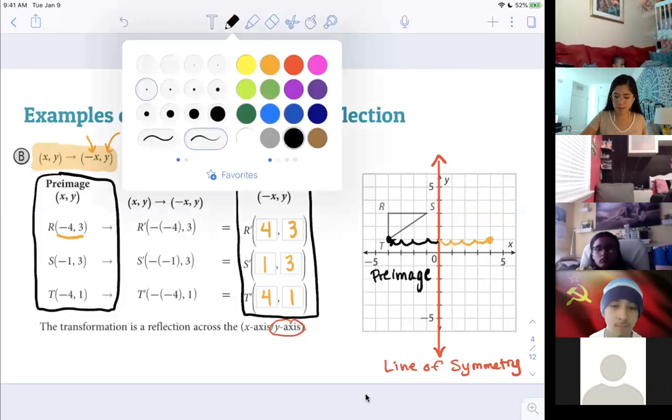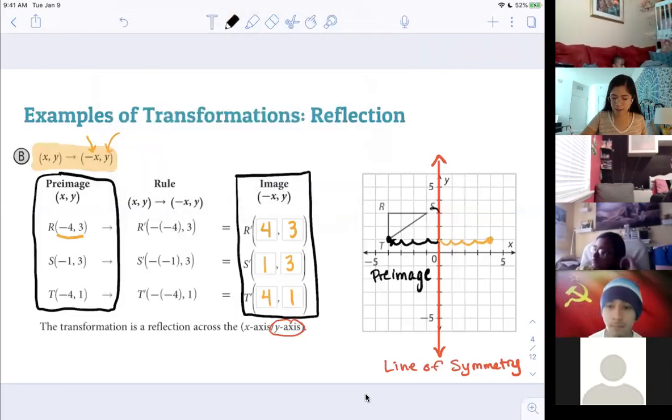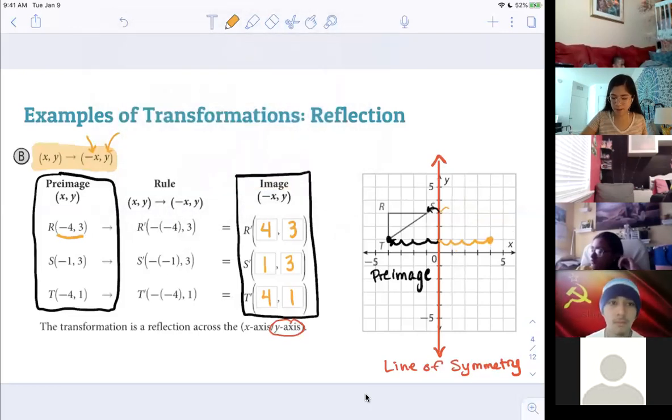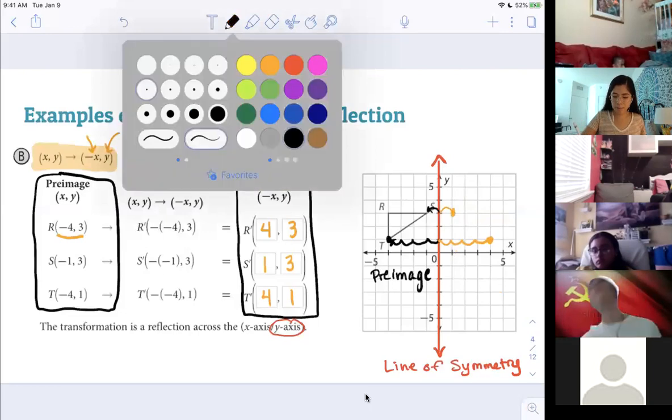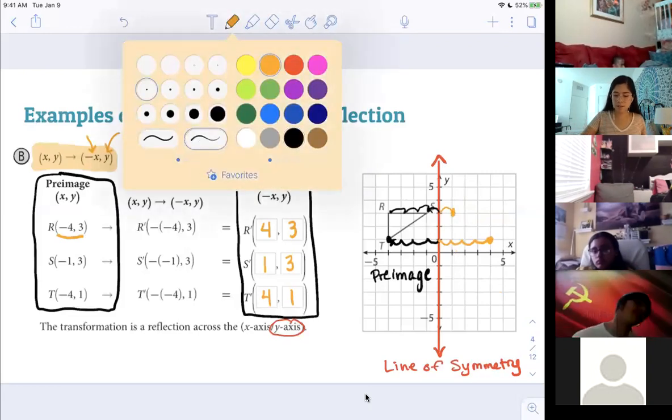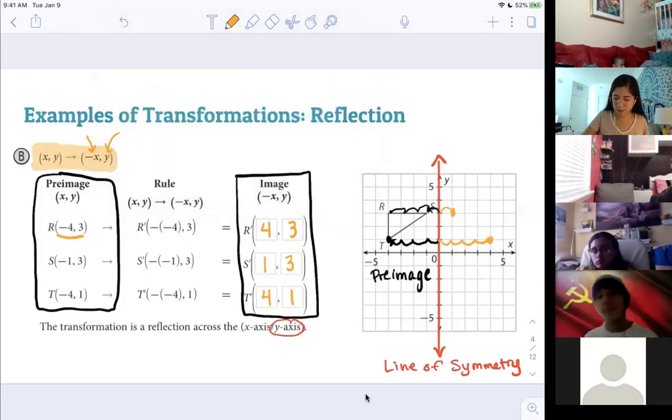Point S is 1 unit to the left, so S prime is going to be 1 unit to the right. Same thing with point R. Point R is 1, 2, 3, 4 units to the left, so my R prime is going to be 1, 2, 3, 4 units to the right.